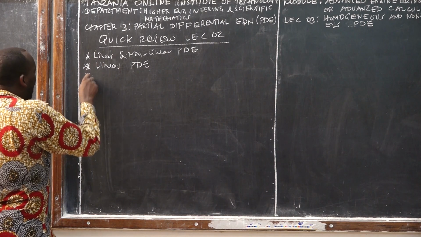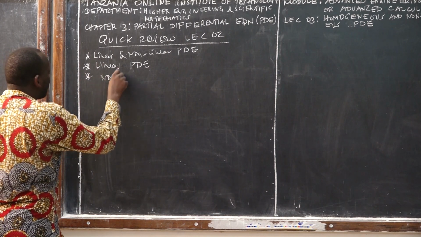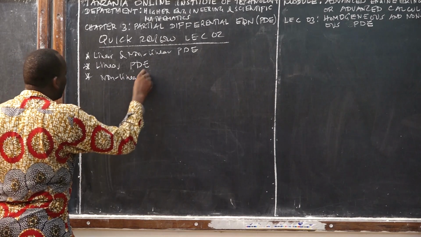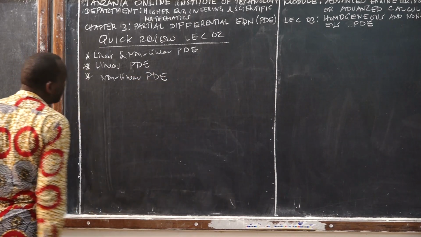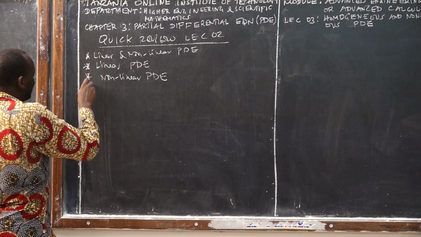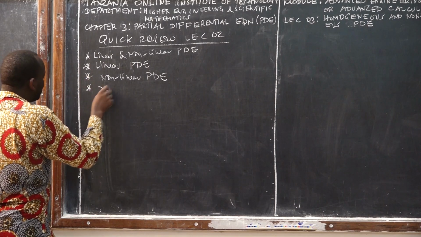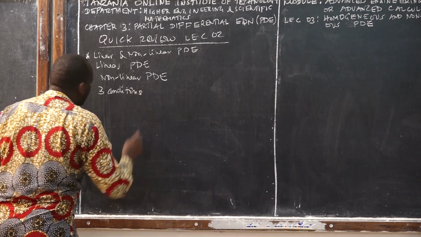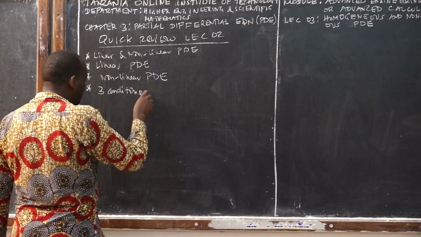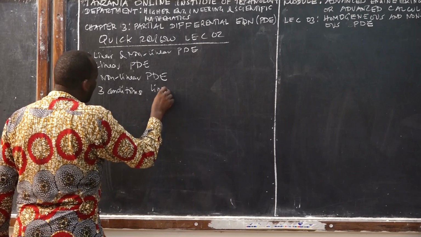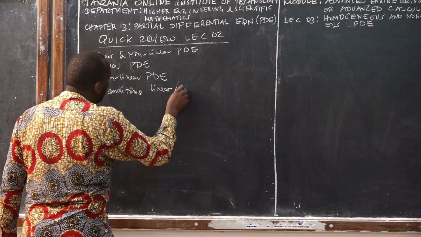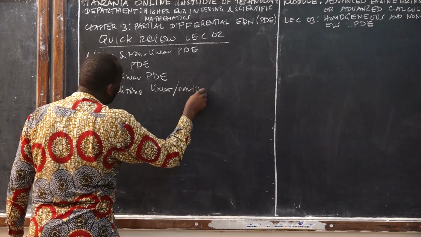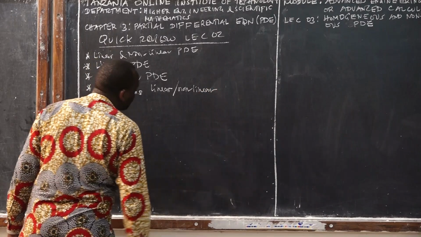Then I taught you the definition of a non-linear partial differential equation. After that, I taught you 3 conditions that we use to decide whether the given partial differential equation is linear or non-linear.